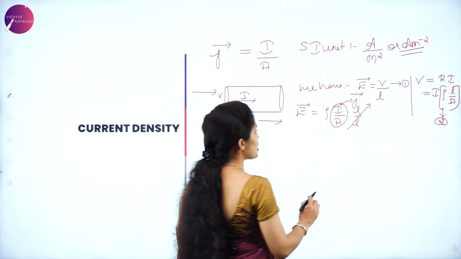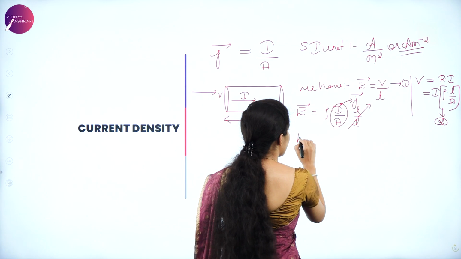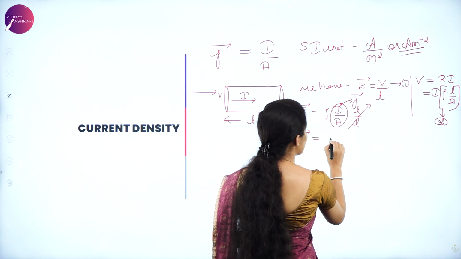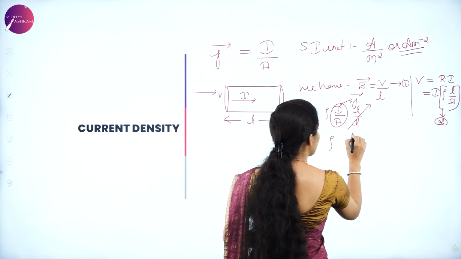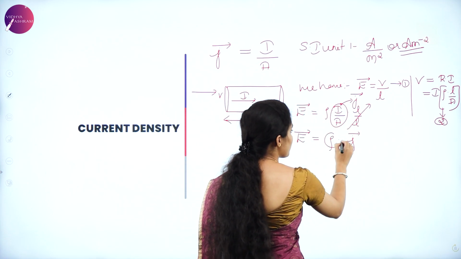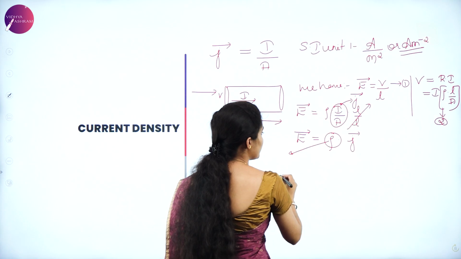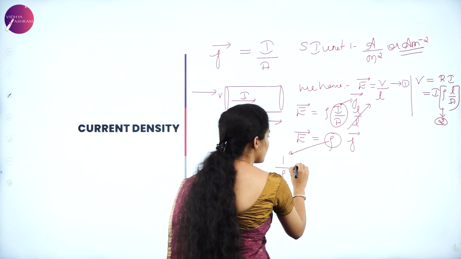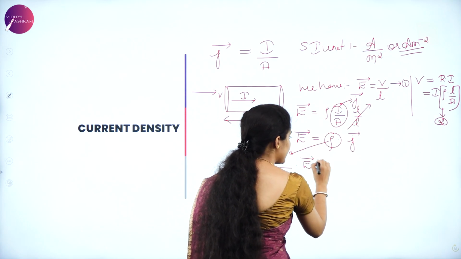So now you have electric field E is equal to rho into J vector. Now bringing the resistivity down, 1 by rho into vector E is equal to J, the current density.